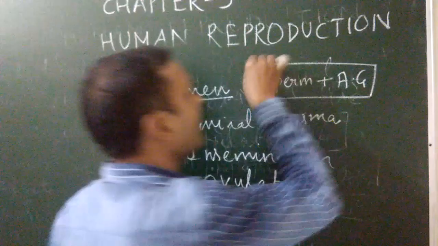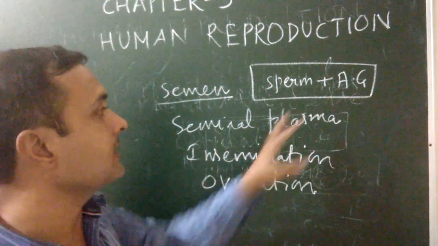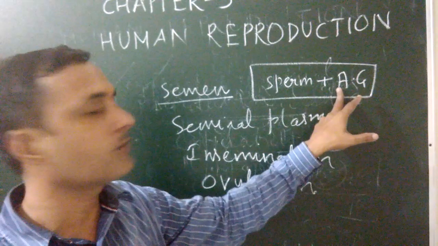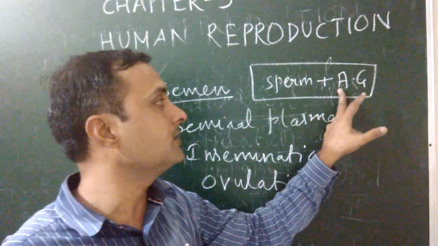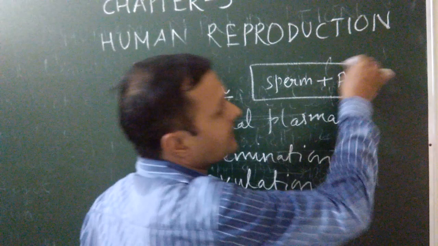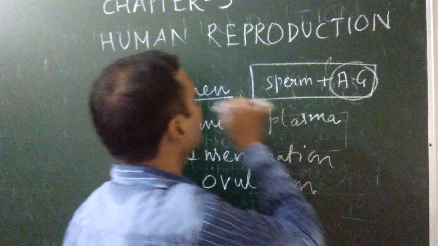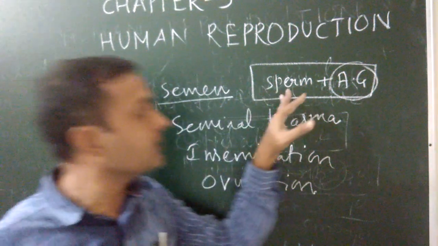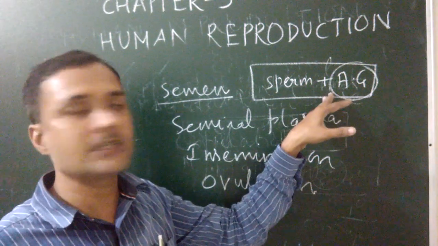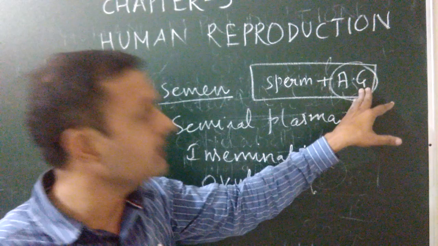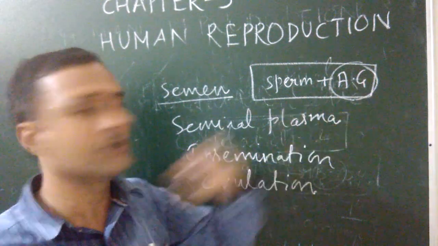I will draw the male reproductive system. There are three accessory glands. The first one is known as the seminal vesicle, the second one is known as the prostate gland, and the third one is known as the Cowper's gland. The fluids of these accessory glands and sperm collectively are known as semen. So semen may be defined as sperm plus the fluid secreted from the three accessory glands, that is seminal vesicle, prostate gland and Cowper's gland.